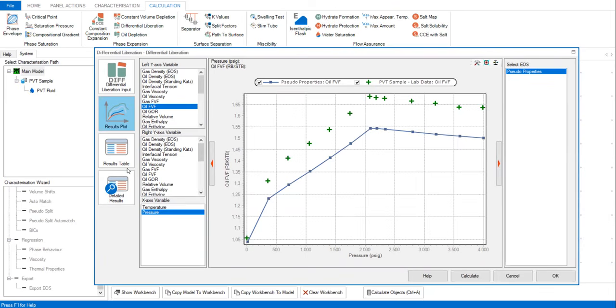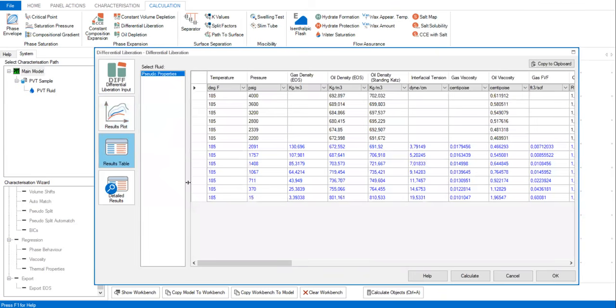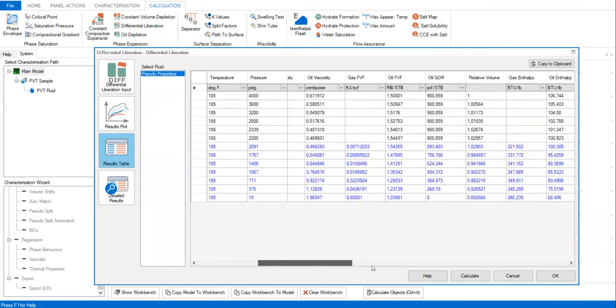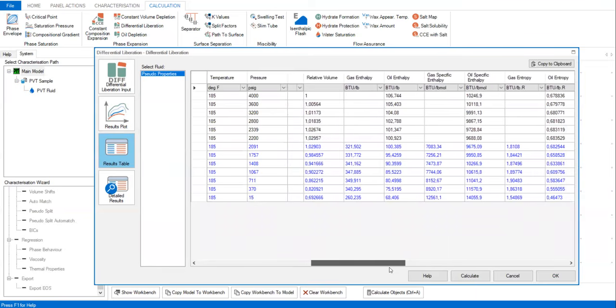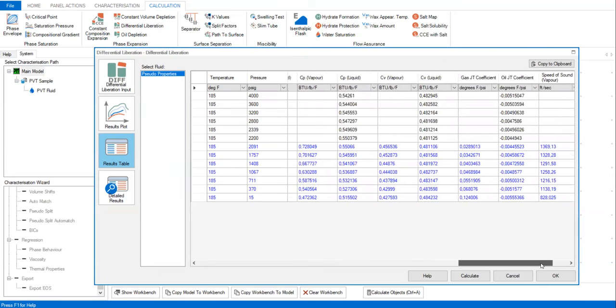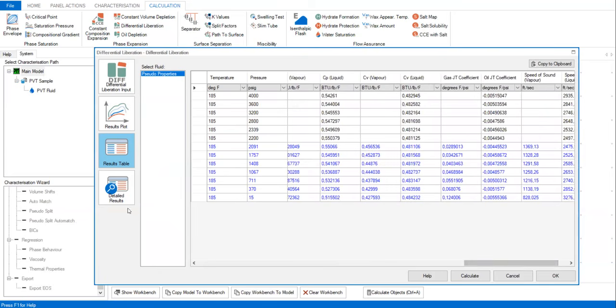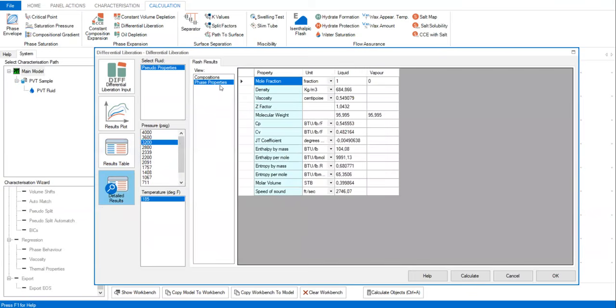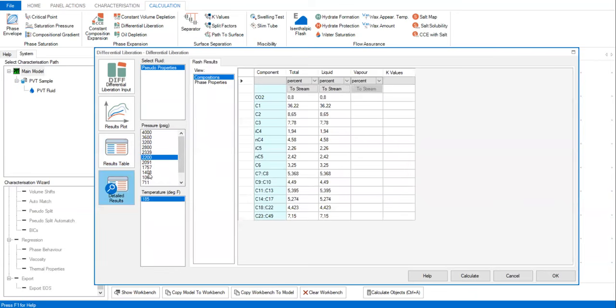And you can also check the results table here, which you can copy to clipboard. Here we have, including interfacial tension, gas viscosity, right? Relative volume, enthalpy, thermodynamic properties, entropy, Z factor. You have everything here, including the detailed results for each pressure, and the phase properties, the composition.